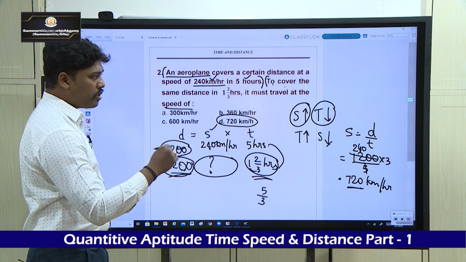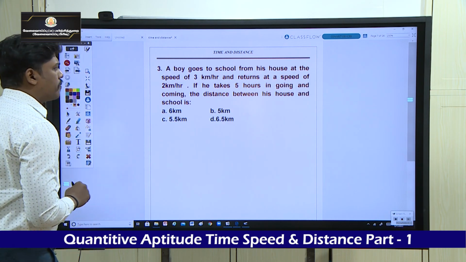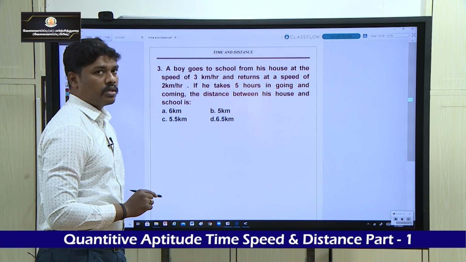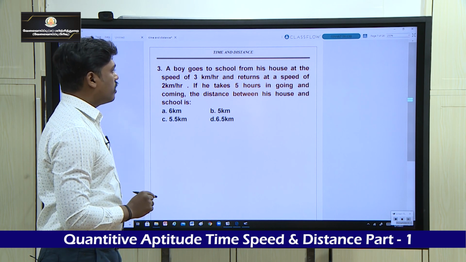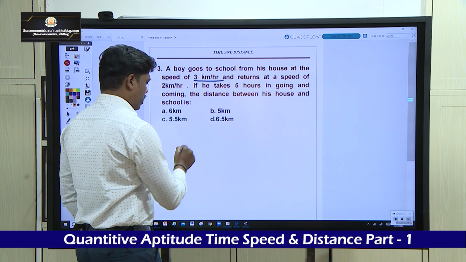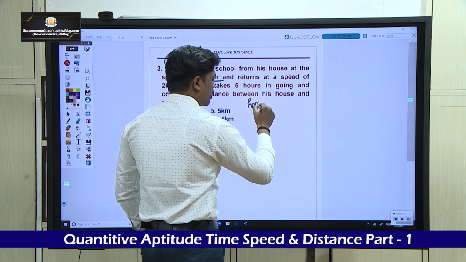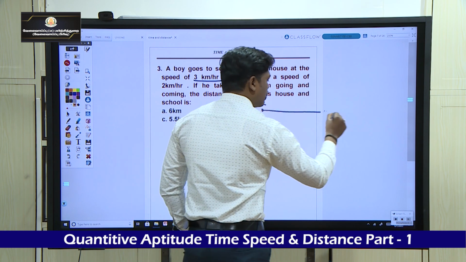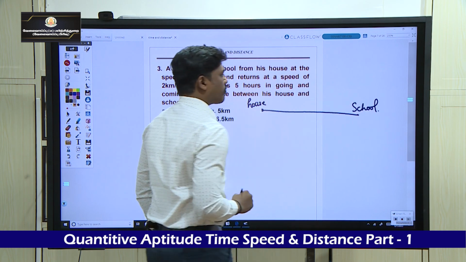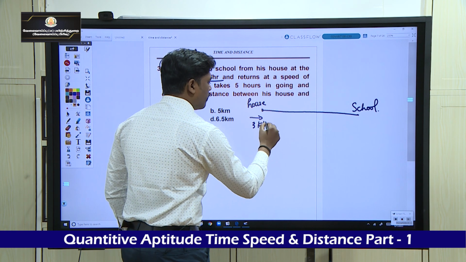With this we can just move on to the next problem. Look here. A boy goes to school from his house at a speed of 3 kilometer per hour. Take this as his house, and from his house he is going to school at 3 kilometer per hour.